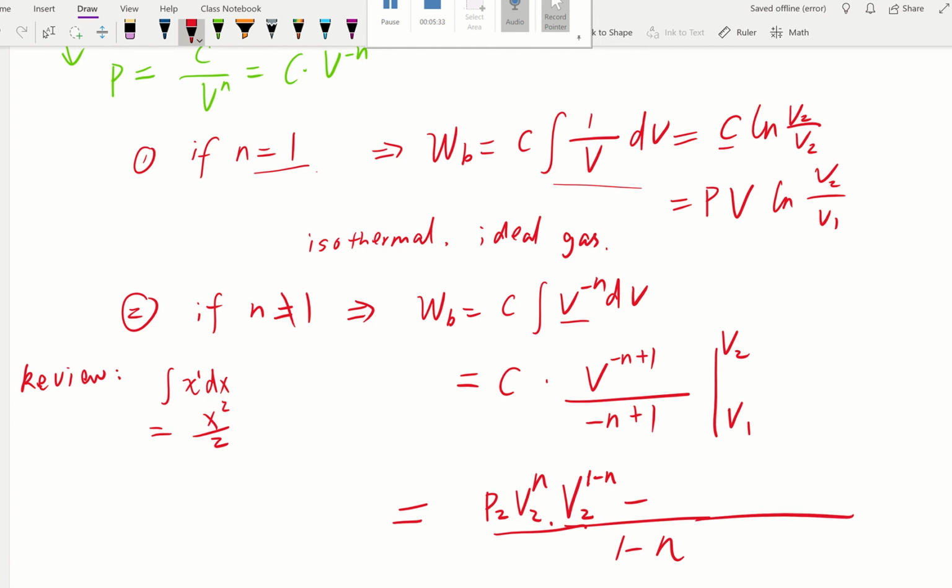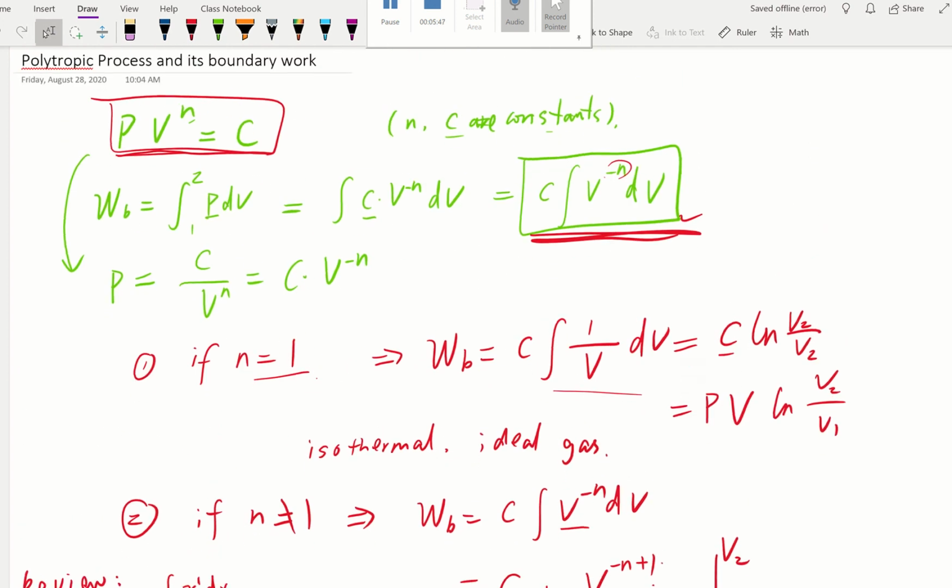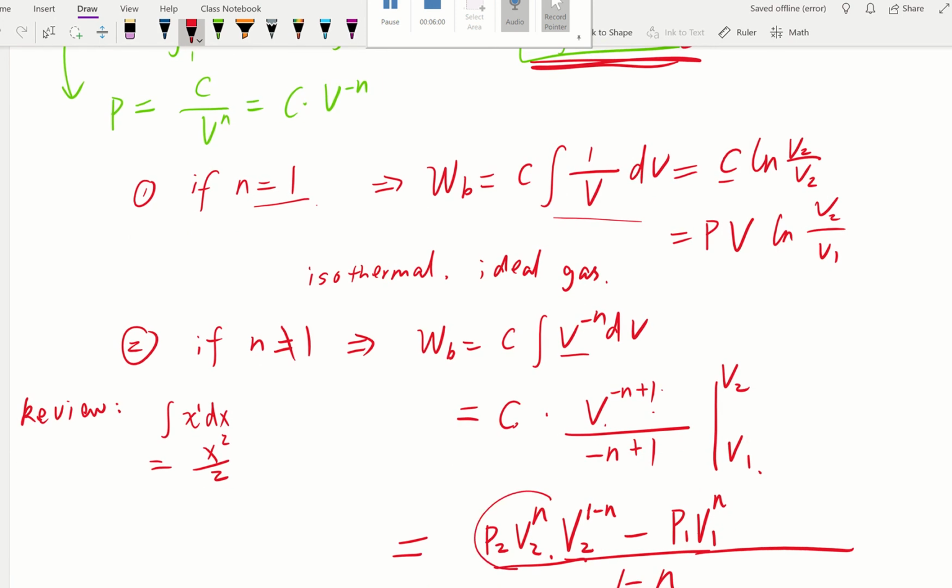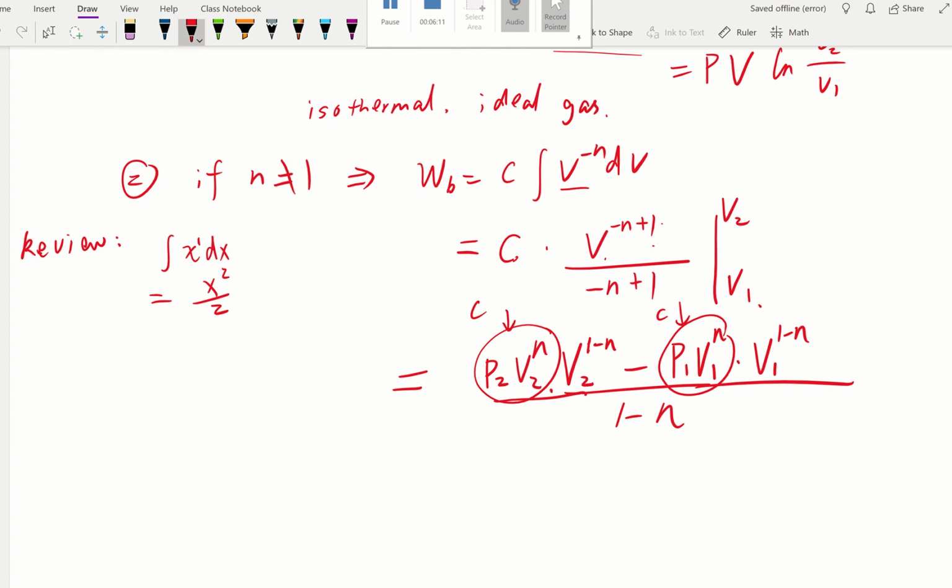But when we substitute V1, we have C times V1 to the power of 1 minus n, and here I'm going to use P1 V1 to the power of n for C. Why can we do that? Because they all satisfy this equation. P1 V1^n equals C, and also P2 V2^n equals C. So this is our C, and this is also our C. Then we multiply by V1 to the 1 minus n. All right, that's the math behind it.